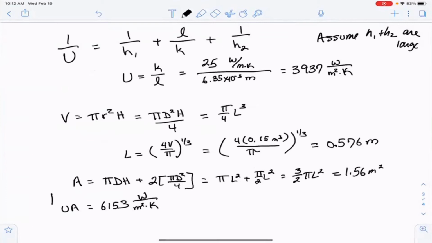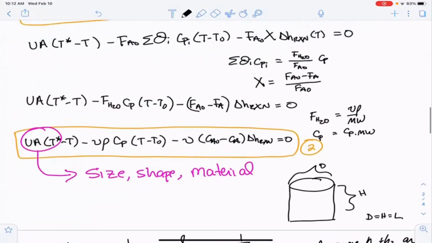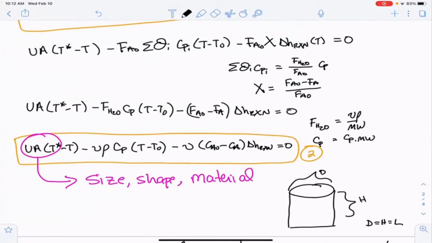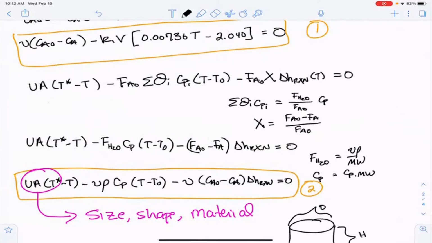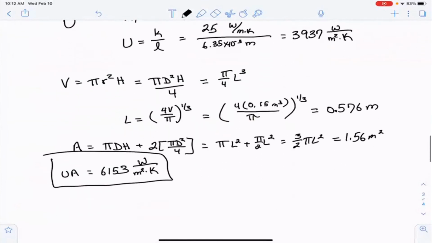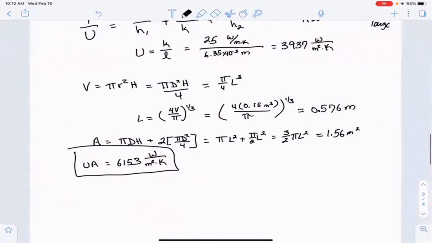And using that, we now have 2 equations and 2 unknowns. We have CA and T as our unknowns for these 2 equations, and we know everything else about the system. We know the initial concentration, the volumetric flow rate, we know K1, and we know the reactor volume. And so we can solve those 2 equations.